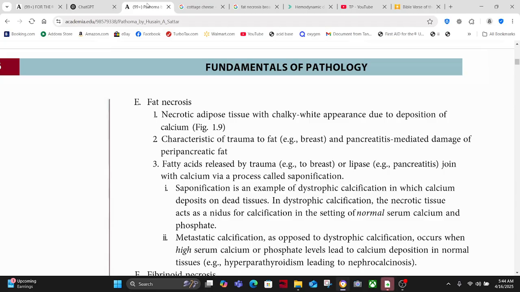So, hyperparathyroidism, that's increased calcium in the kidneys. So with hyperparathyroidism, there's increased calcium from the parathyroid, and then that will deposit in the kidneys, causing the nephrocalcinosis.